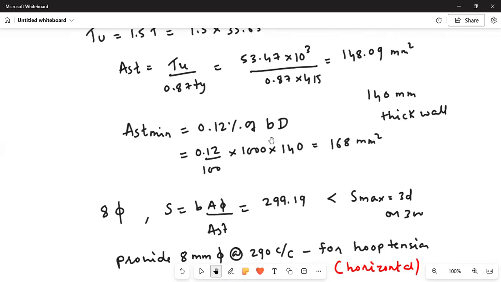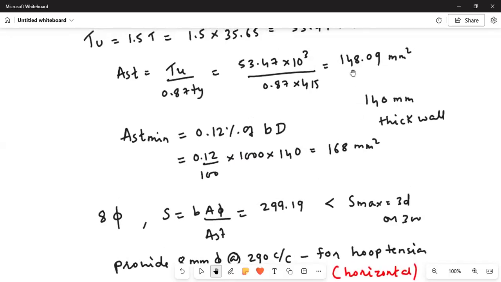Ast minimum. You can assume the thickness of the bunker. Thickness can be assumed as 140 mm. From that, you can find the minimum reinforcement that can be provided in the bunker. Whatever reinforcement you have gotten from tension is less than the minimum reinforcement, so you cannot provide this Ast.